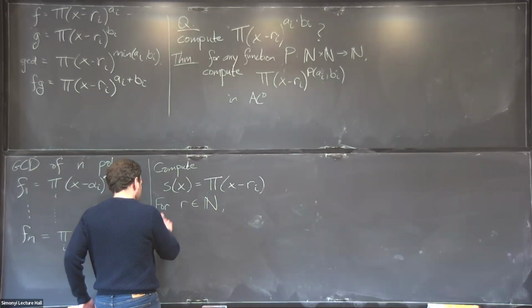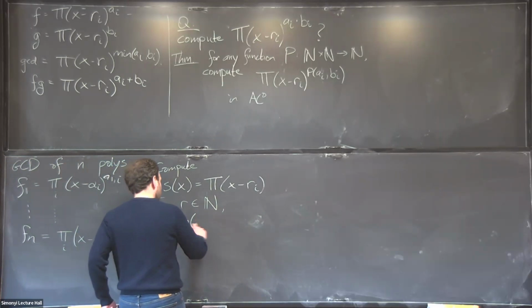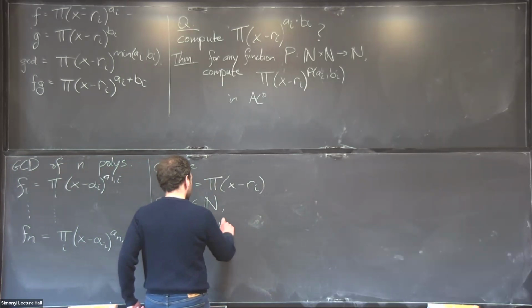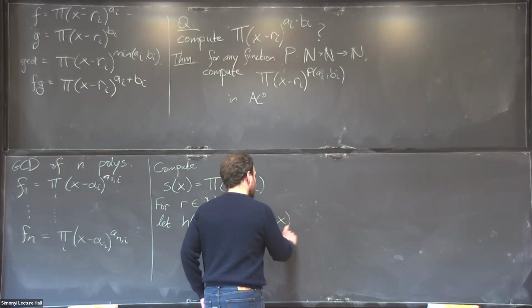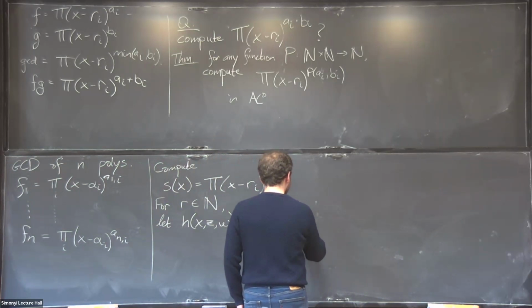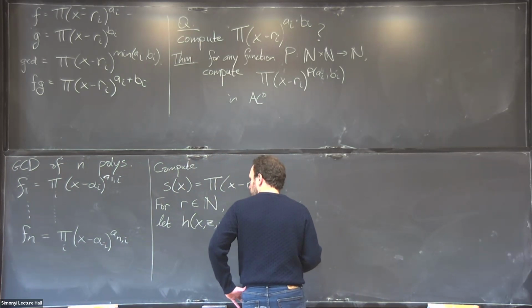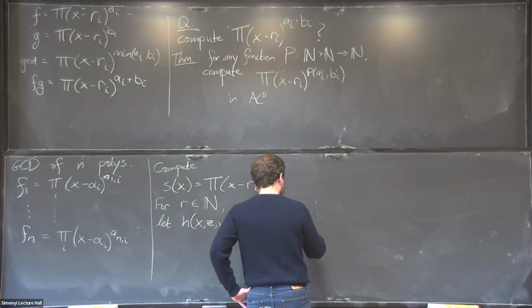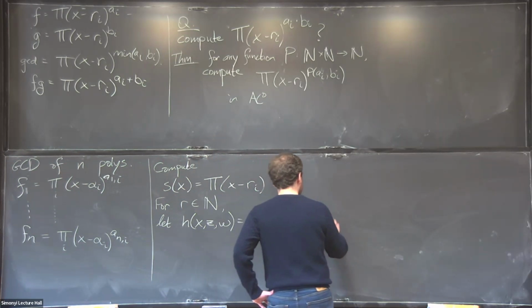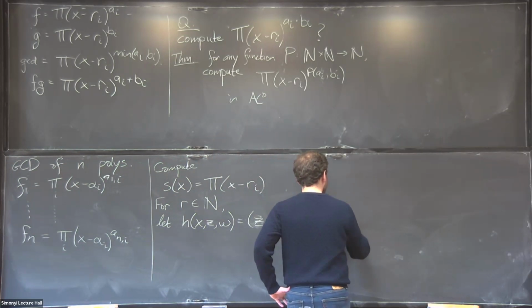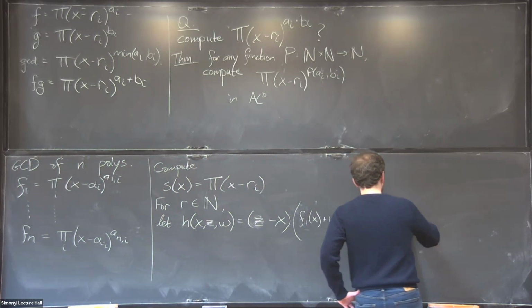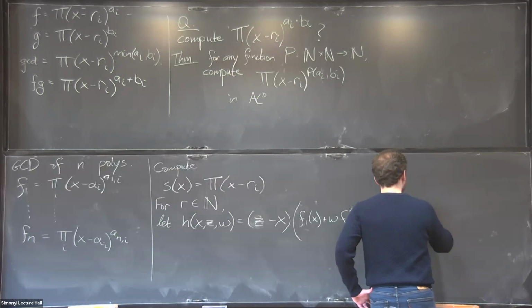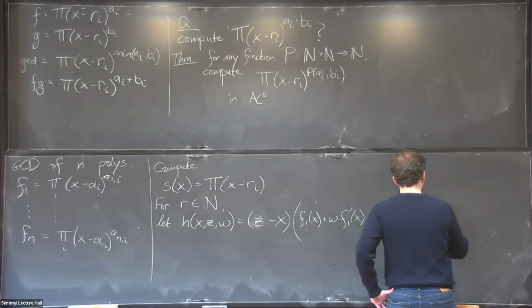So we're going to do a similar trick that we saw before. I'll have z minus x, and then here I'll have f1 plus w times the first derivative of f1, up to the (r minus 1)th derivative of f1.